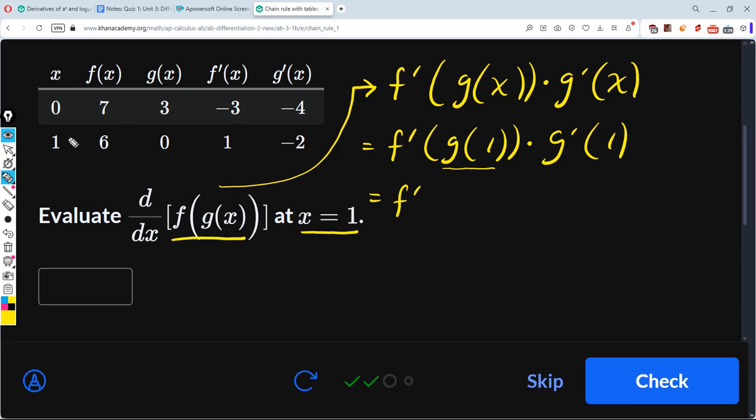Here is x equals 1, here's the g function, so g of 1 is just 0. So that's going to be f prime of 0. This is not times 0, this is f prime of 0, times g prime of 1. Here's x equals 1, here's g prime. So g prime of 1 is going to be negative 2.